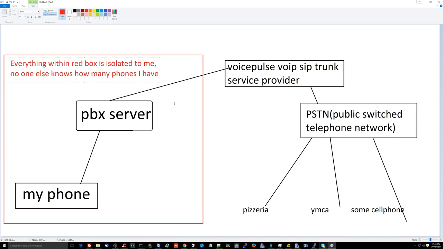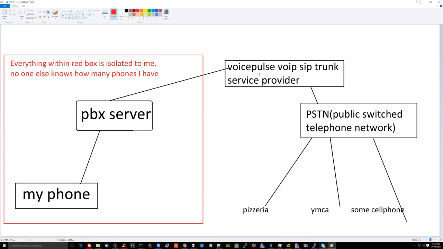Now, this is going to become important later. You may wonder, why does it matter that only I know how many phones I have? We're going to get into that when we start talking about setting up a PBX in the cloud versus having a PBX here. If I have 1,000 phones behind this PBX server or one phone behind this PBX server, the VoIP services provider doesn't know how many phones I have.